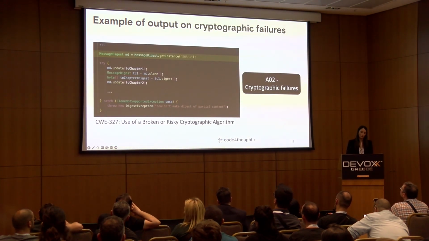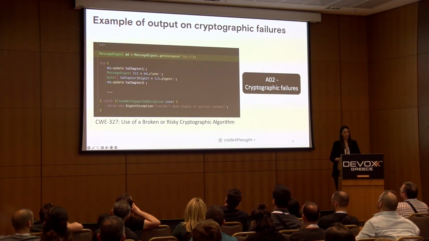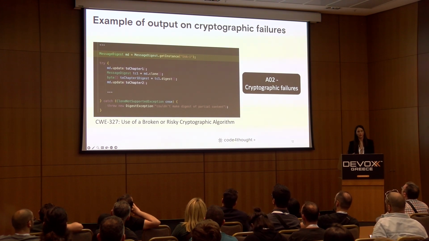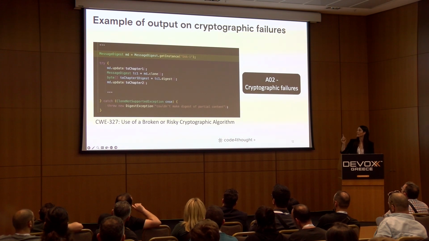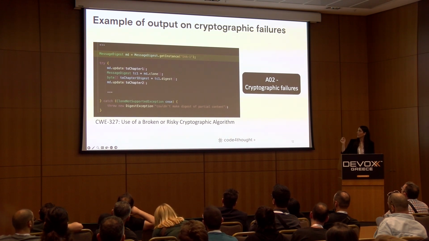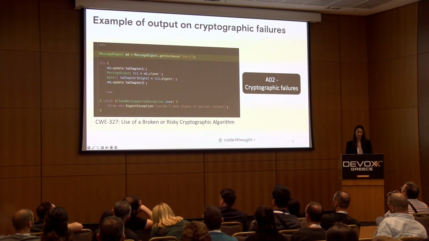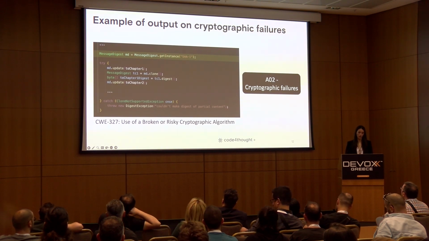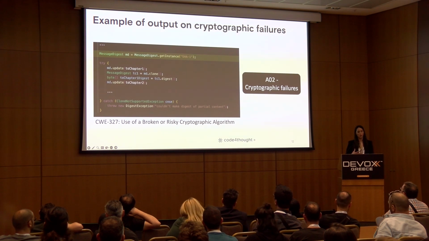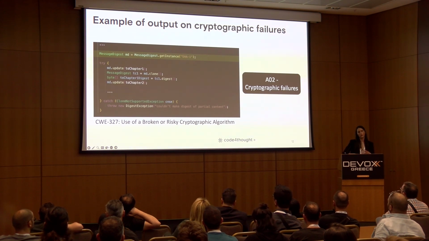And this is an example of an output of a typical SAST tool. There is the identification of the finding in the highlighted line. Here we have a deprecated algorithm, SHA-1. And most of the tools also provide the category where the finding belongs.